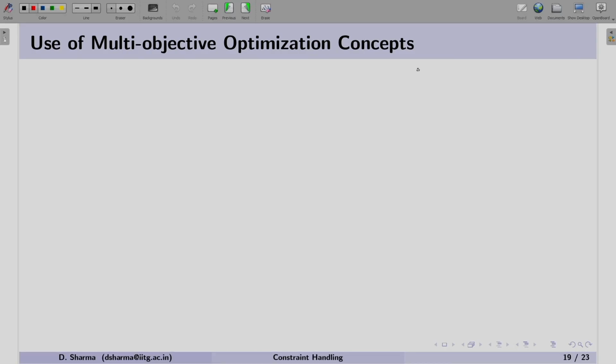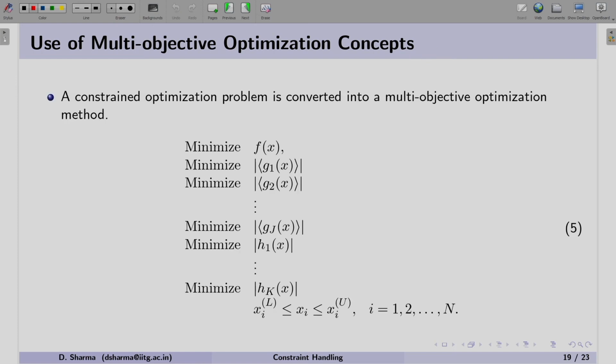So, using the multi-objective concept, we are going to convert a constrained optimization problem. This particular problem is converted, as you can see in equation number 5. We want to minimize our original objective function. Along with that, we can minimize the mod of the bracket G1.